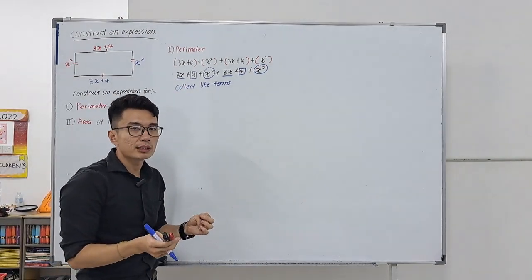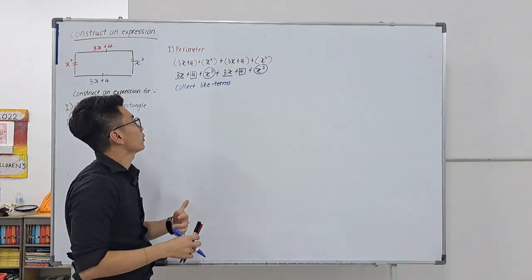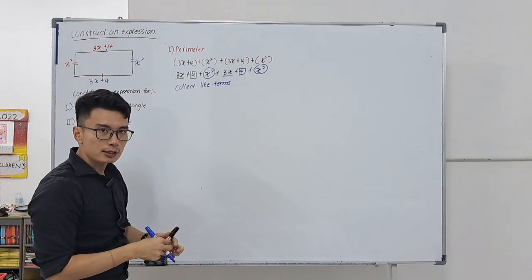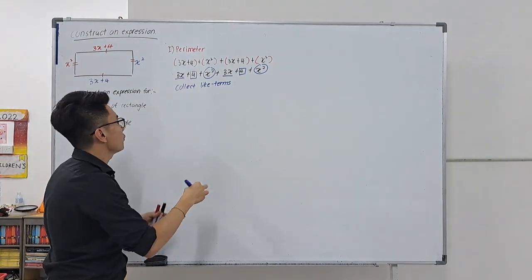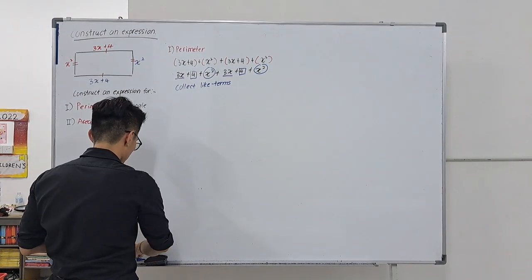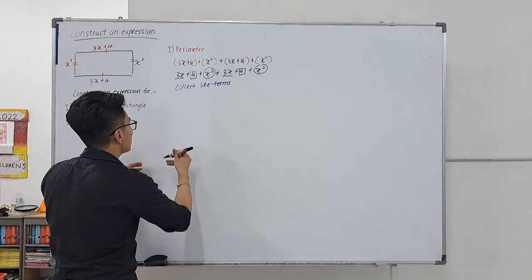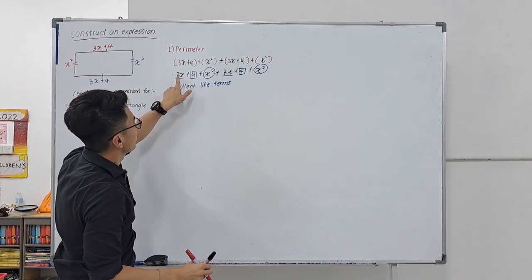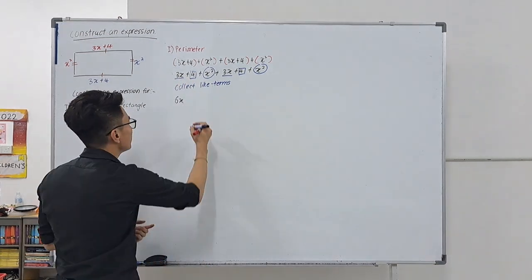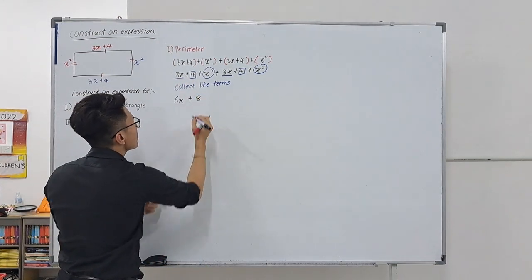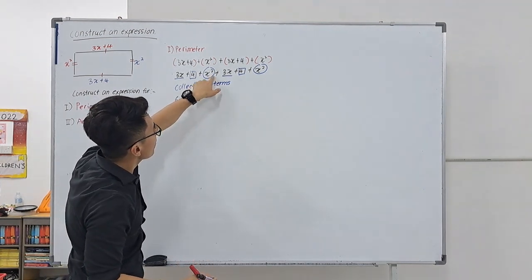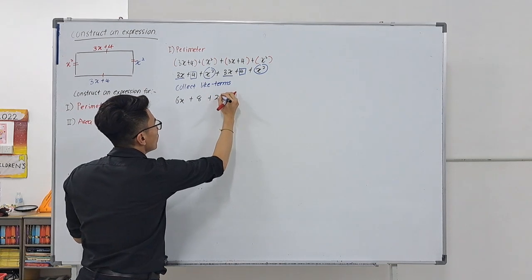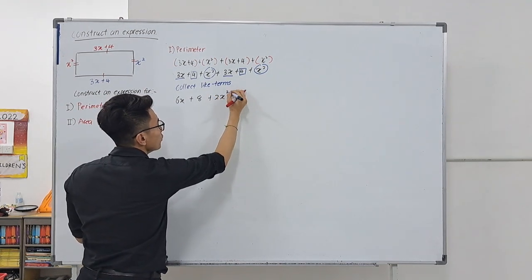So what can you do with all these like terms? You can add them up together. Let's get started. 3x plus 3x will give you 6x. Next, number plus number, 4 plus 4, will give you 8. And finally, x squared plus x squared will give you 2x to the power of 2.